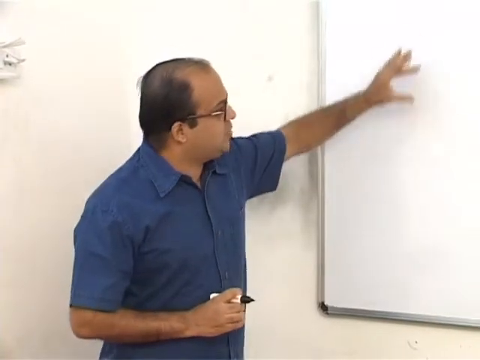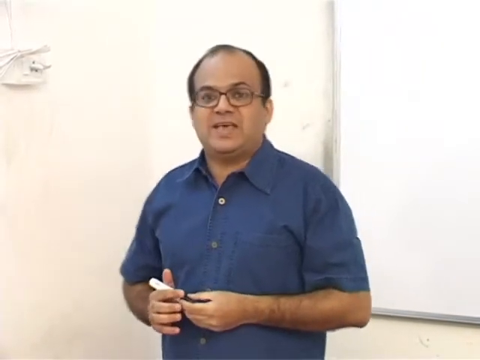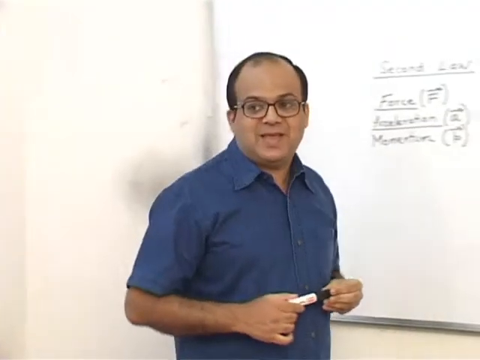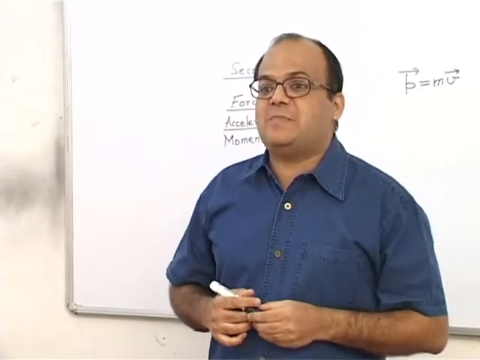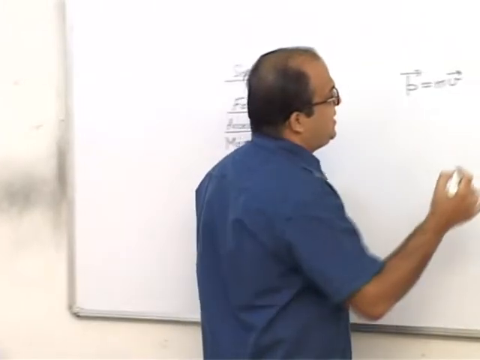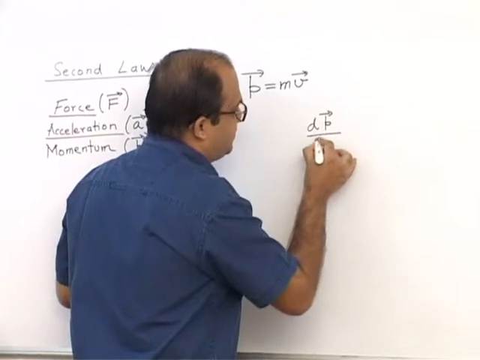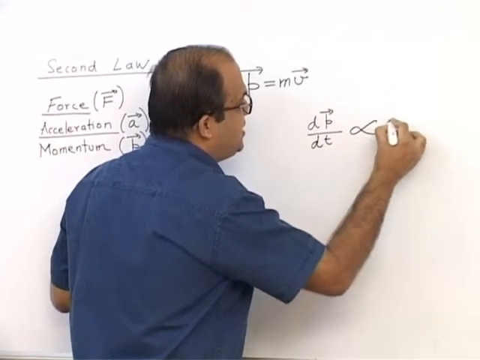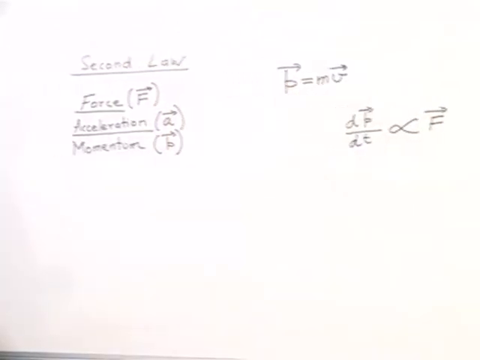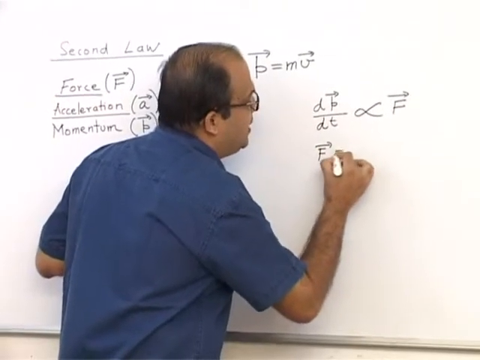Now let us state Newton's second law. The rate of change of momentum is directly proportional to the impressed force and takes place in the same direction as the force. So mathematically, rate of change of momentum is dp/dt. This is proportional to the impressed force. So we take appropriate units, F becomes equal to dp/dt.